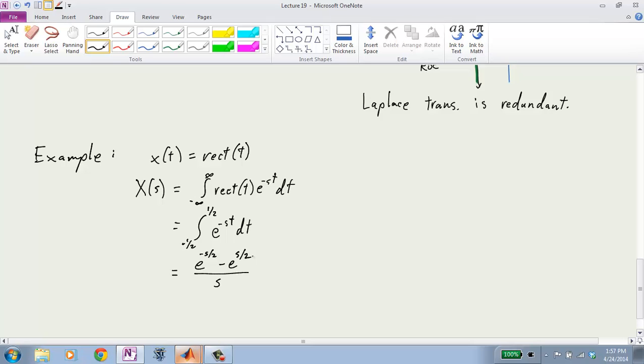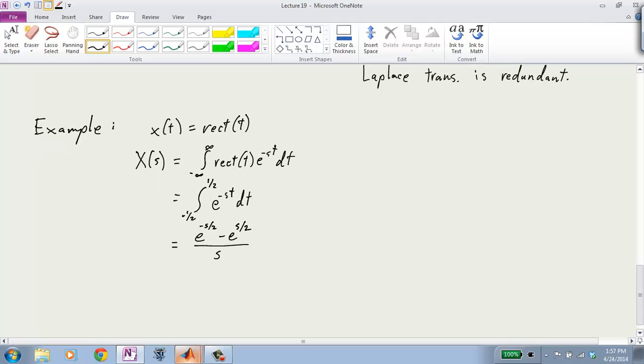It looks correct. For some reason, when I had it in my notes, I had the negative in the other exponent, but this looks correct, right? Okay, so let's try to visualize. First of all, we should also say, what's the region of convergence here? And this is a good example for region of convergence because any ideas for which s does this converge? Does the integral ever have a problem for some s?